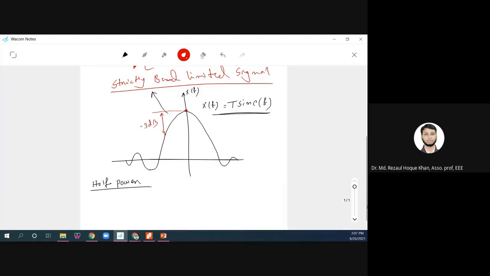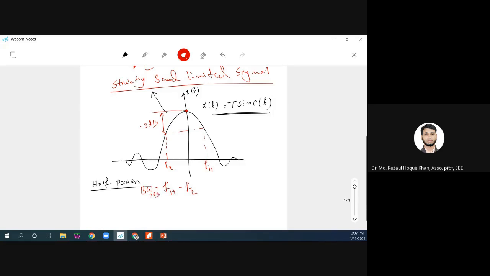This here is the half power. So the lower and higher frequencies, FH minus FL, this is called the half power bandwidth. This is the bandwidth like 3 dB.